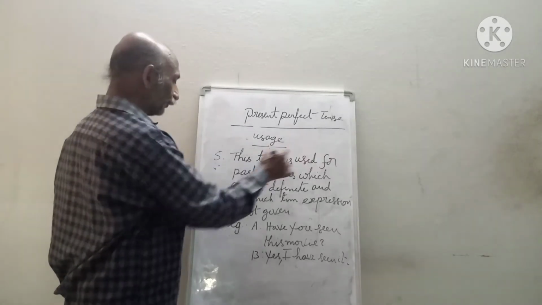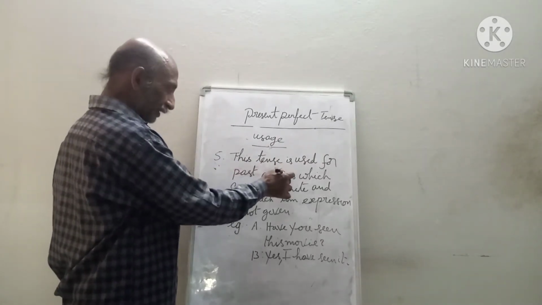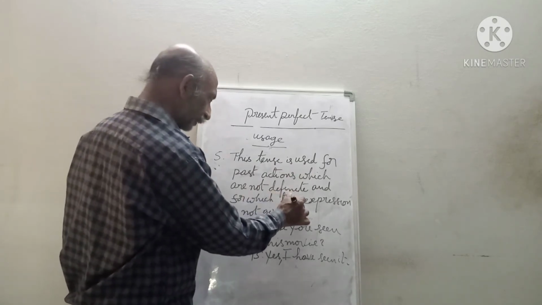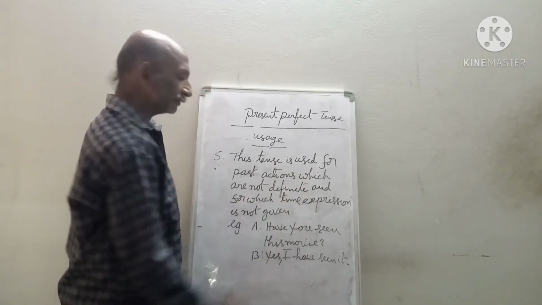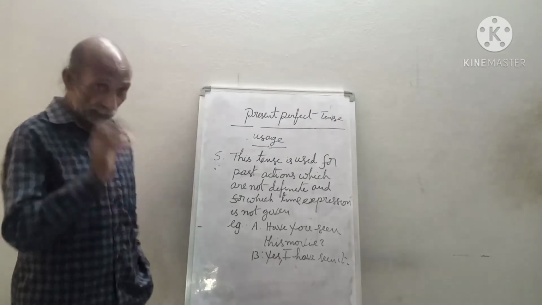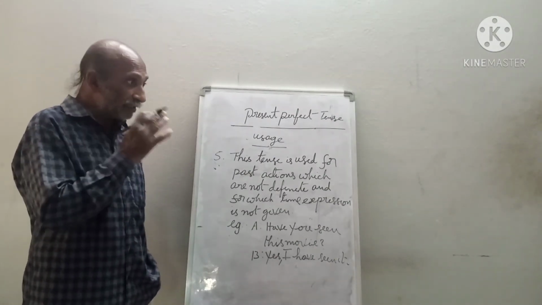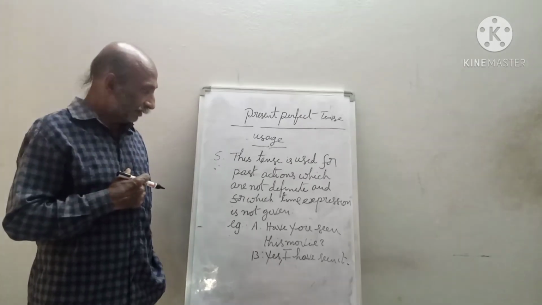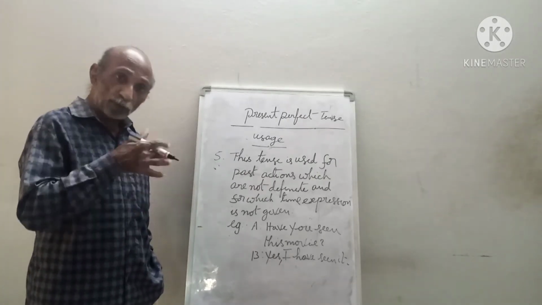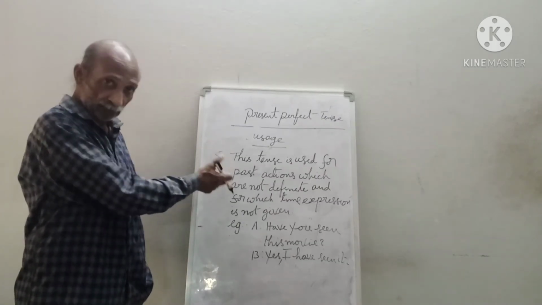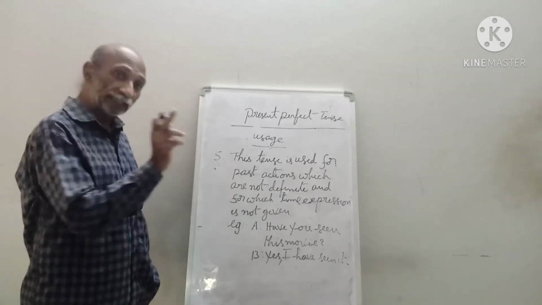This tense is used for past actions which are not definite and for which time expression is not given. So what does it mean? In the introduction part I told you, students often get confused whether they should use past or present perfect. So this rule will clear your doubts.